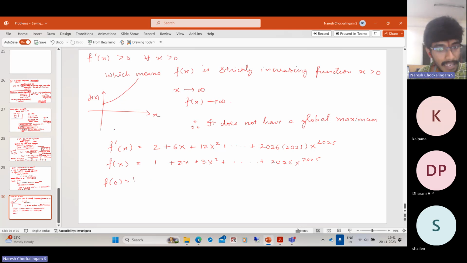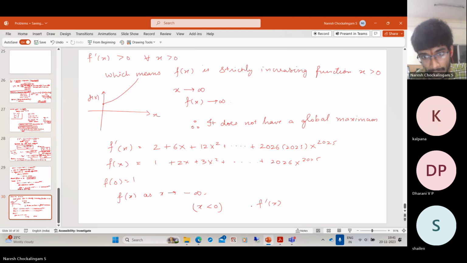And it is differentiable everywhere. So the next thing to consider is f of x as x tends to minus infinity, right? Now again, consider f dash of x for x less than 0: f dash of x is a polynomial with all positive coefficients.